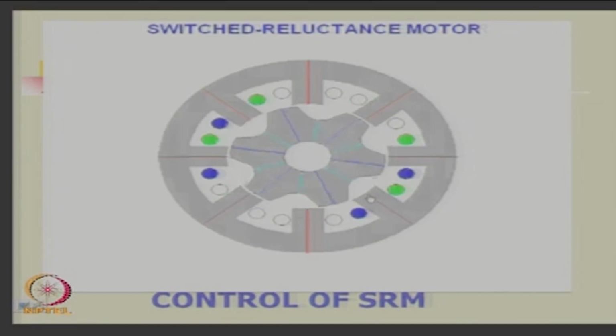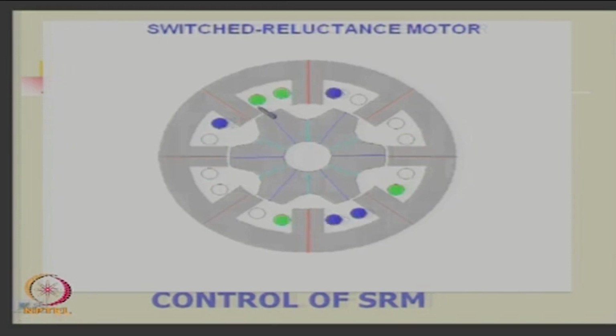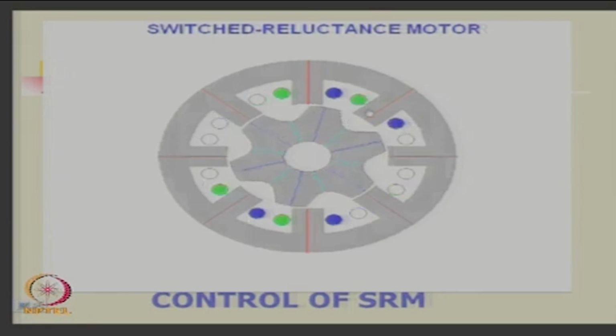See, it is moving like this, and then it is aligned. Now this winding is energized. Okay. Then this has to move. So, this winding has to be energized to produce a torque here. Then this winding has to be energized to push it further.